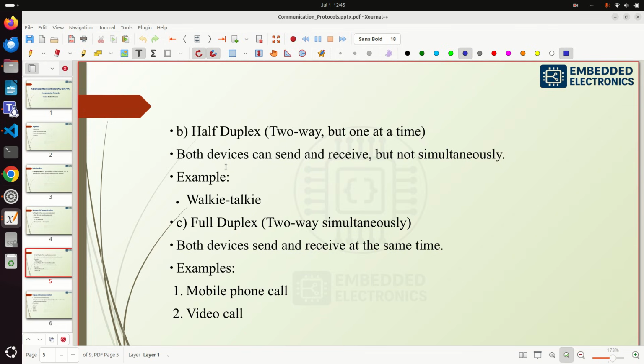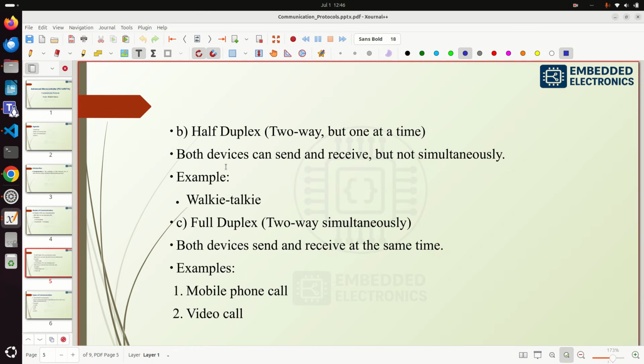If the other one wants to speak, then he should press some button, then he can speak, and the opposite party just listens. So at a time both persons are not able to speak, isn't it? Simultaneously they are not able to speak. They don't have an option like that.